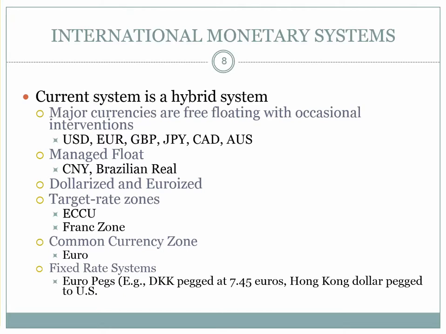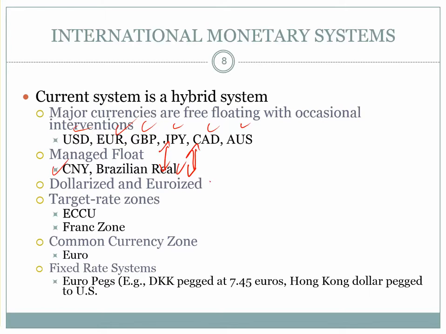Our current system is the major currencies are floating. The dollar, the euro, the pound, the yen, the CAD, Canadian dollar, Australian dollar. And there's some managed floats. The yuan. The Brazilian real kind of goes back and forth between floating and managed float. And even the Japanese yen kind of goes back and forth between a managed float and a free float.